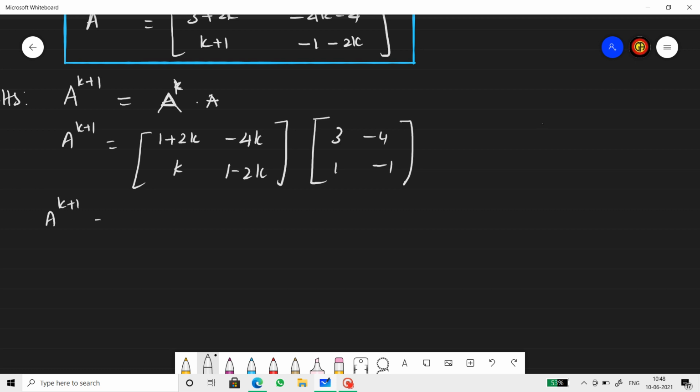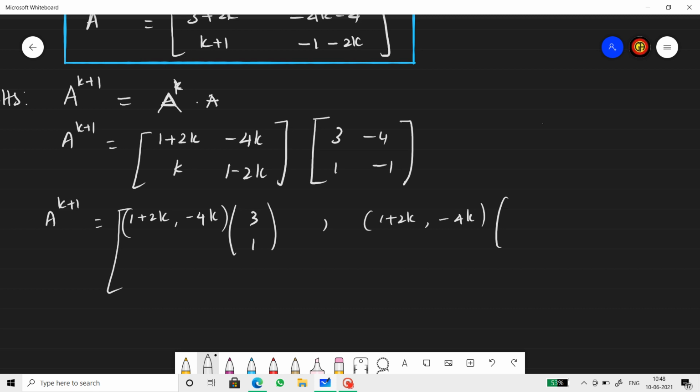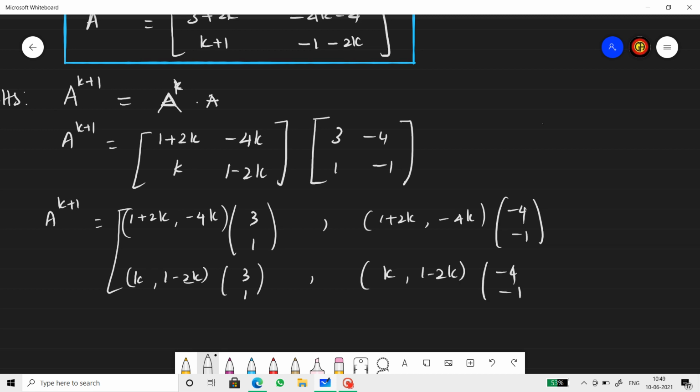So A power k plus 1 equals 1 plus 2k, minus 4k, multiplied with 3, 1, comma 1 plus 2k, minus 4k, multiplied with minus 4 and minus 1, and then k, 1 minus 2k multiplied with 3 and 1, also k, 1 minus 2k multiplied with minus 4 and minus 1.